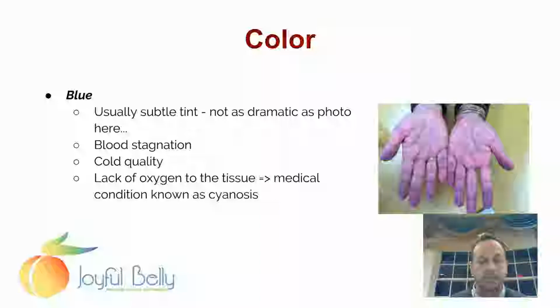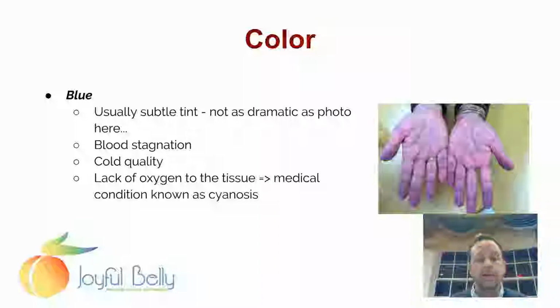Unless there's toxic buildup, and then it'll get inflamed and red again. But if there's not a toxic buildup, blood stagnation makes things look a little bluish. And you'll see some examples of this throughout your life, I'm sure. It also implies a bit of coldness. The bluish tint is both blood stagnation and cold quality.